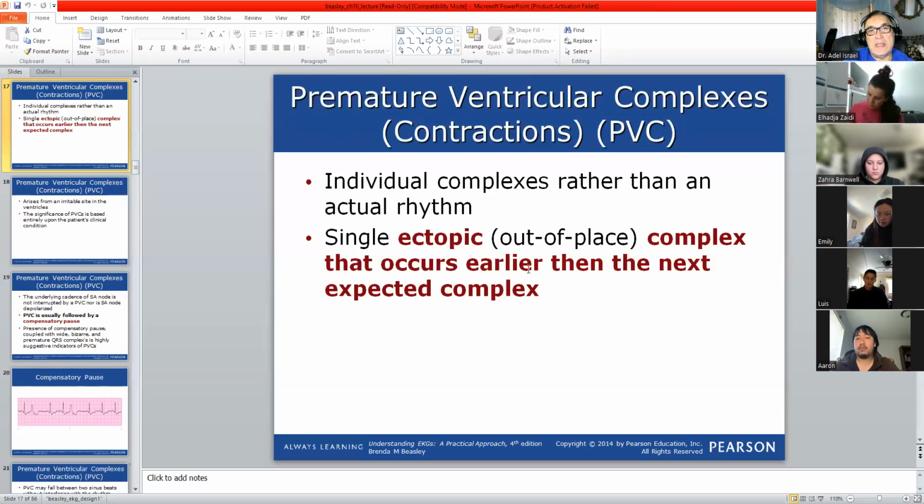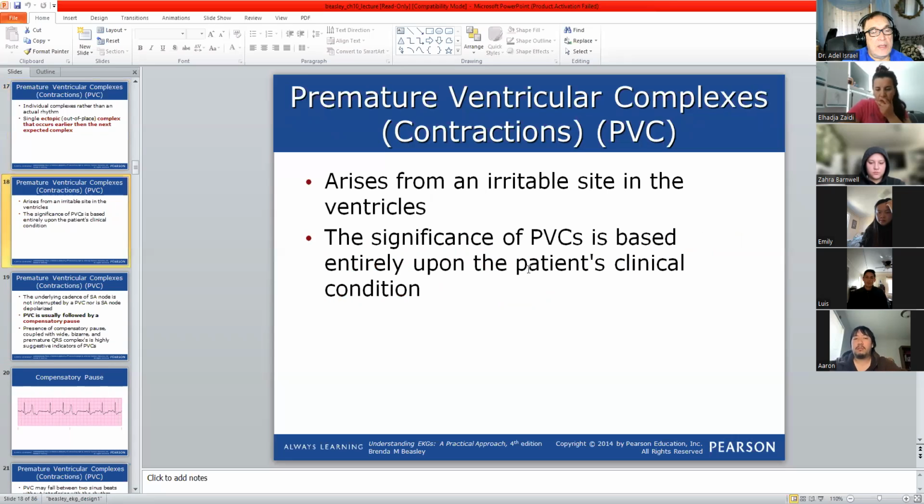If we have an ectopic, it means it is coming from abnormal sites. Like I told you, some instructors will be teaching you something as a substitute for your original instructor, like me. So we call it ectopic, and this ectopic is out of place, as you know. It has a character, and like we mentioned before, it is premature ventricular contraction.